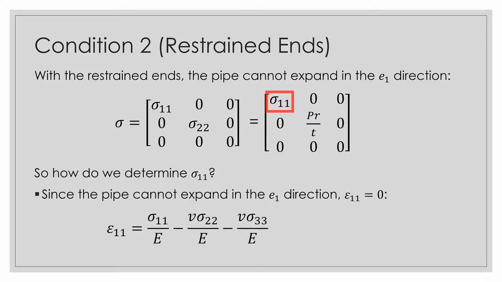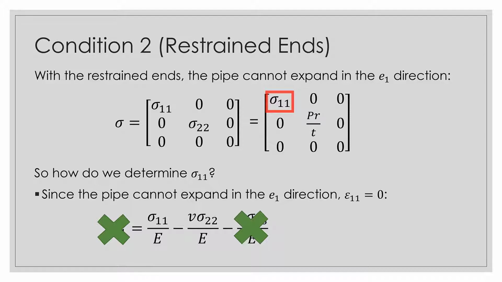But we also know a couple things. The first one is that epsilon 1,1 is going to be 0 because it cannot expand. And then we also know that sigma 3,3 is not 0, but we assume it's 0 or negligible. So we can cancel out two terms in this formula, and we're left with sigma 1,1 divided by E minus V times sigma 2,2 divided by E. And of course, this will equal 0 because epsilon 1,1 is equal to 0.